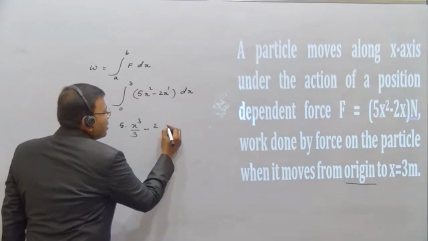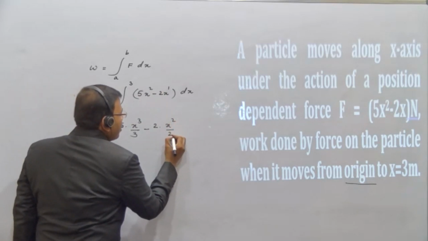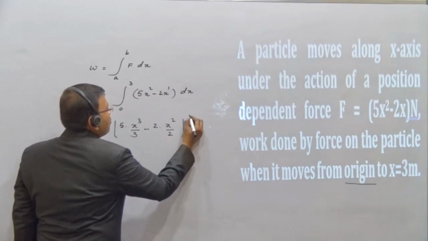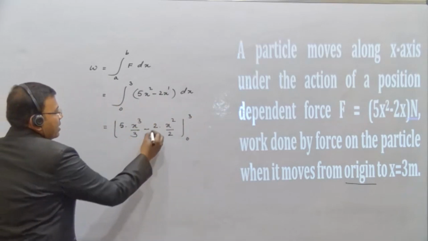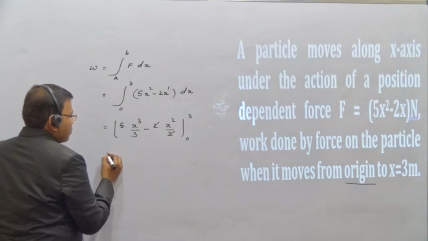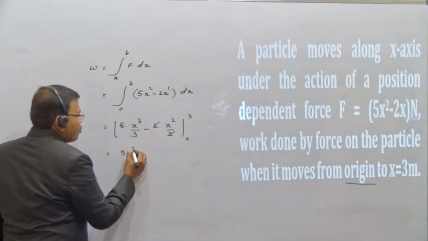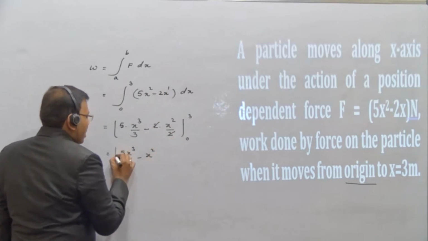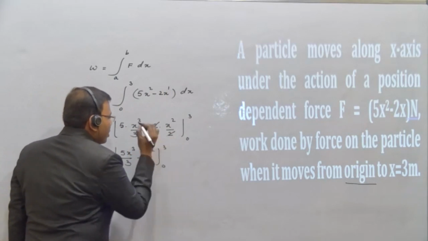So directly I am writing here x square by 2, and we have to apply the limits from 0 to 3. Now students, this 2 and this 2 get cancelled. So here I am getting 5x cube by 3 minus x square, and limits are 0 to 3.